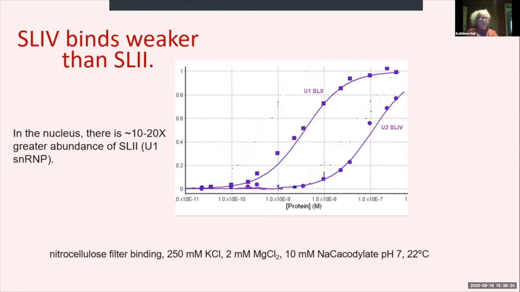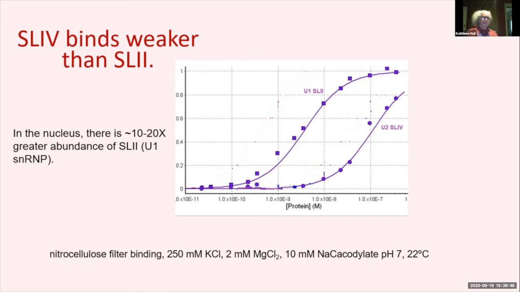This is nitrocellulose filter binding, and it's in fairly high salt, 250 millimolar KCl, because if you drop the salt concentration too low, then the binding for stem loop 2 is too tight to measure. So we always see a difference. In this case, it's about 50-fold weaker binding for stem loop 4 than stem loop 2.